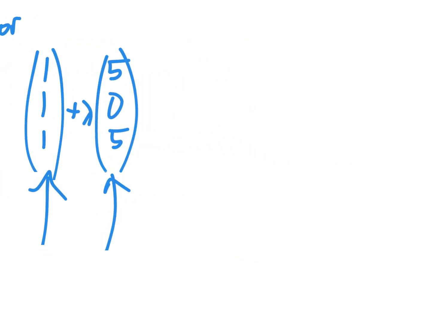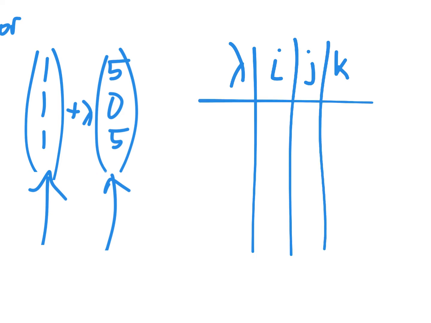So where will it be at? I'm going to do a lambda, sorry, I, J, K table. Does that remind you of anything? It's kind of like the R theta table or the XY table. Okay, so at lambda is 0, I want you to think about it. If you started at 1, 1, 1 and you went 0 times in those directions, you'd still be at 1, 1, 1, wouldn't you? That make sense?